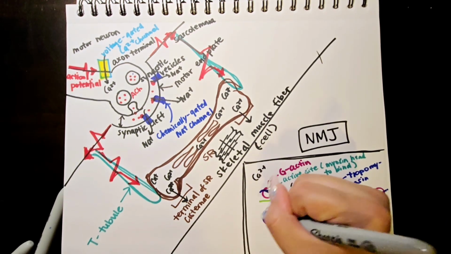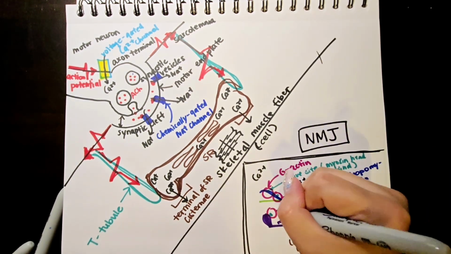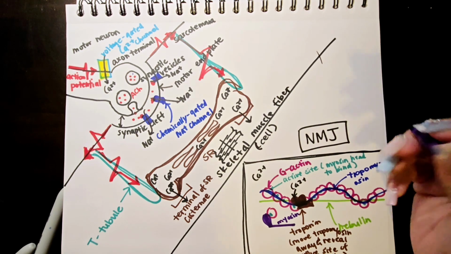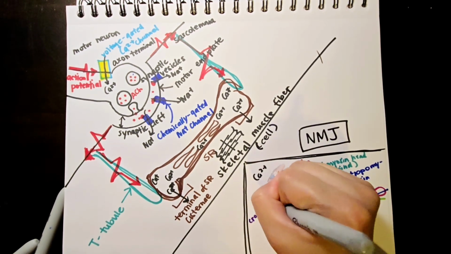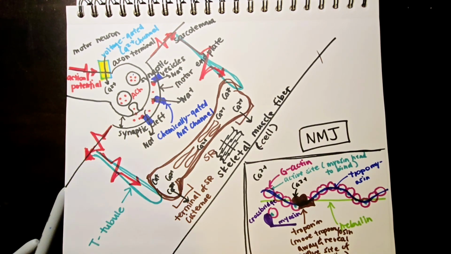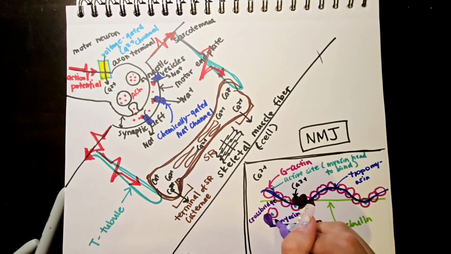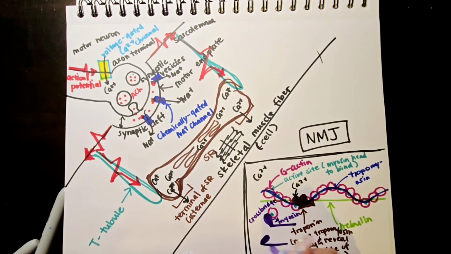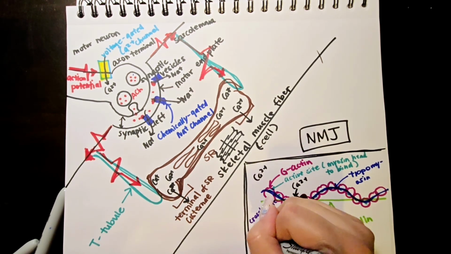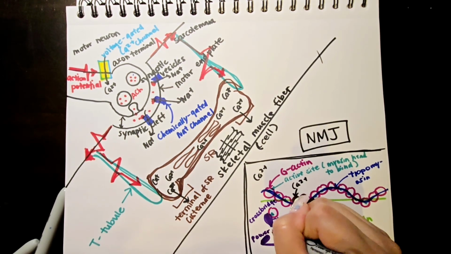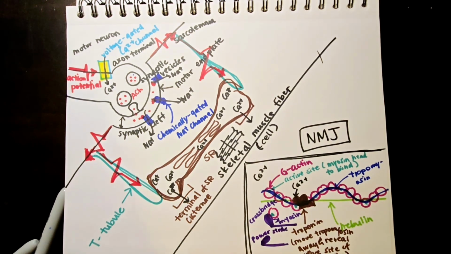And when the myosin head sees the availability of the active site on g-actin, that's the formation of a cross bridge. Once a cross bridge is formed, the myosin head will move like this. It will move and pull the actin this way. So it does what we call a power stroke while still connected.